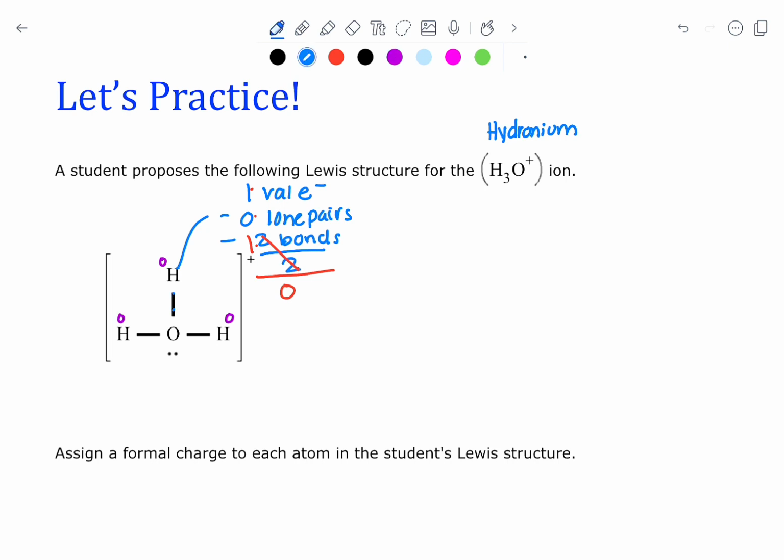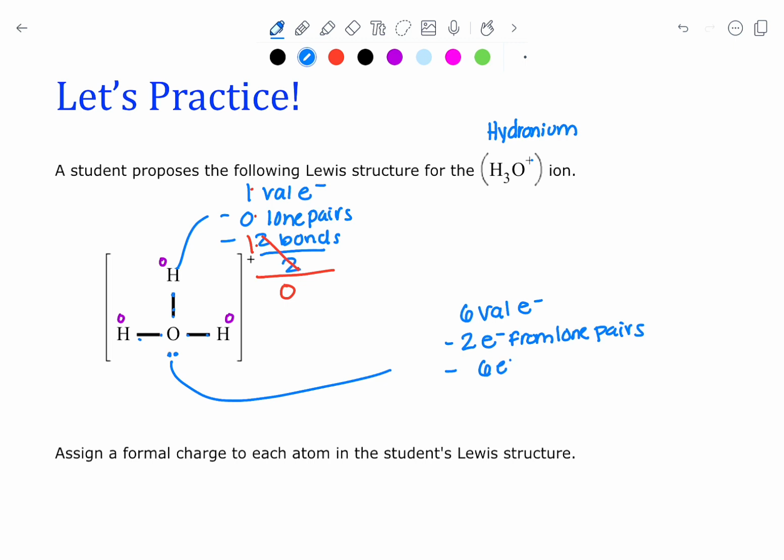Okay, so let's try oxygen then. Hopefully our oxygen has a charge of +1 to match our +1 charge on this molecule. So, we know that oxygen has 6 valence electrons. It currently in the structure has 2 electrons that are wrapped up in lone pairs. And it has 1, 2, 3, 4, 5, 6 electrons that are currently in bonds.